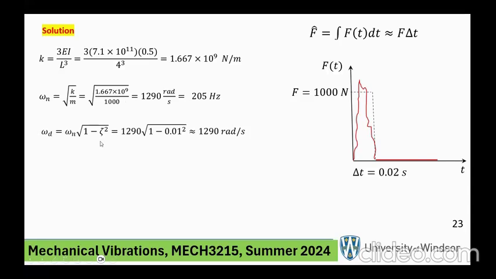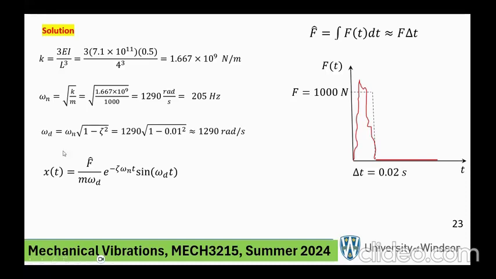We need the damped natural frequency. Okay, and then there it is. This is the response of the beam from zero initial position, and the velocity imposed by this impulsive force. Okay, so there we are.